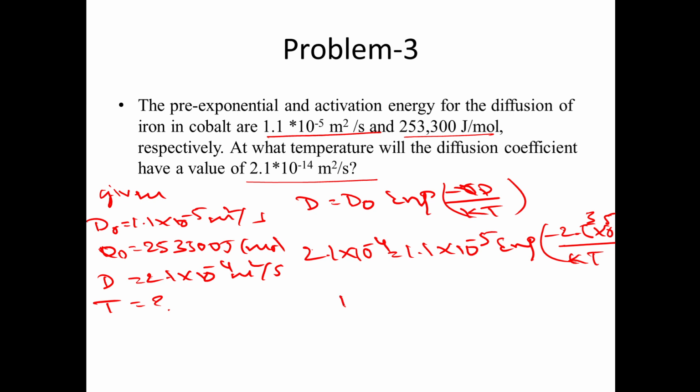So you just need to calculate T here by dividing and taking the natural log of this one, and get the value for T in Kelvin.